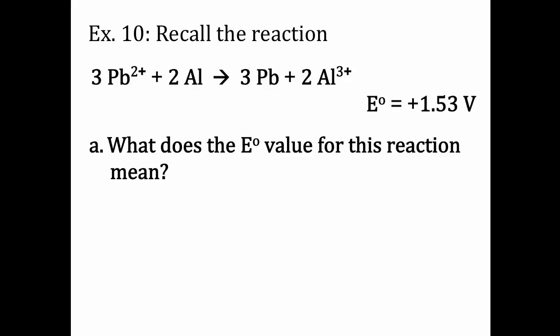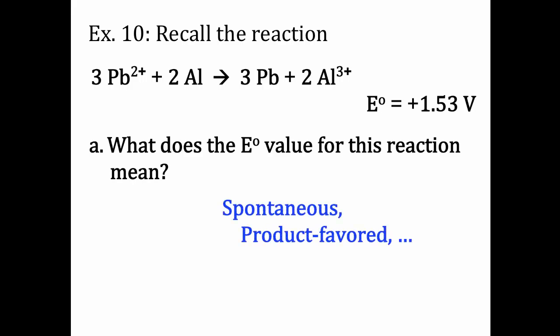What does this value for this reaction mean? And of course, since E0 is positive, that means the reaction is spontaneous, or we could say product favored. And 1.53 volts is a fairly decent sized electrical potential, so the reaction is quite spontaneous or quite product favored.